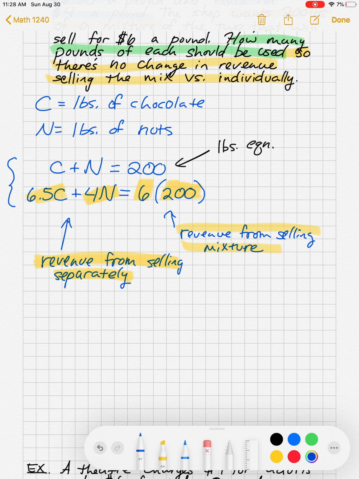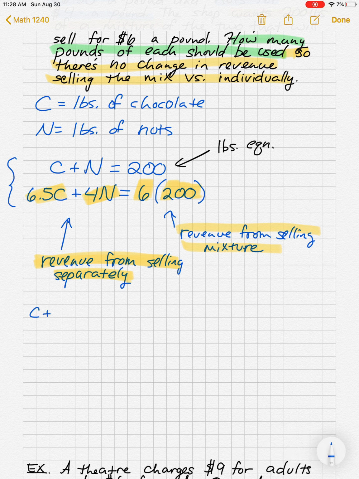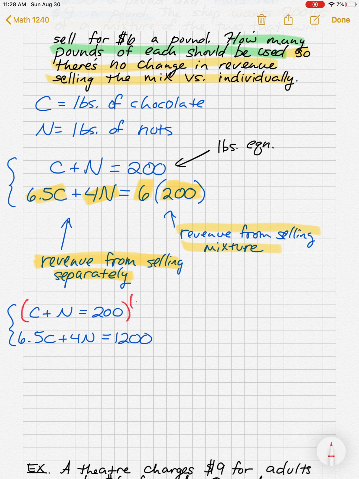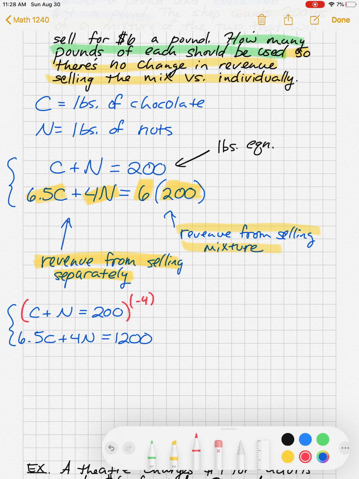So for this one, it's a little more interesting to set that system up. So let's see, I have that equation. Let's just start by, should I multiply, what is that, 1200? And then I don't know, how do I want to solve? Should I do elimination for this one? That might be fun. I could multiply this whole equation by -4.